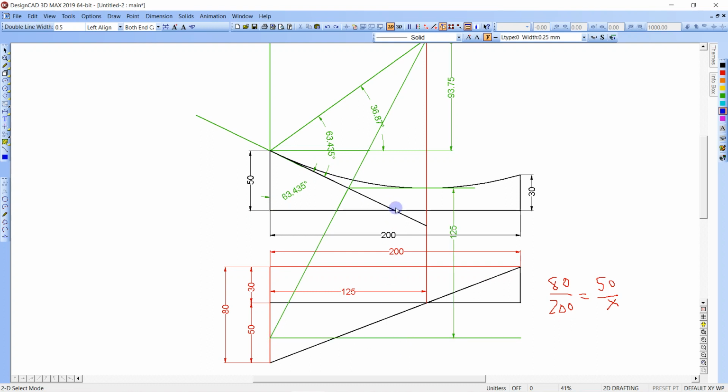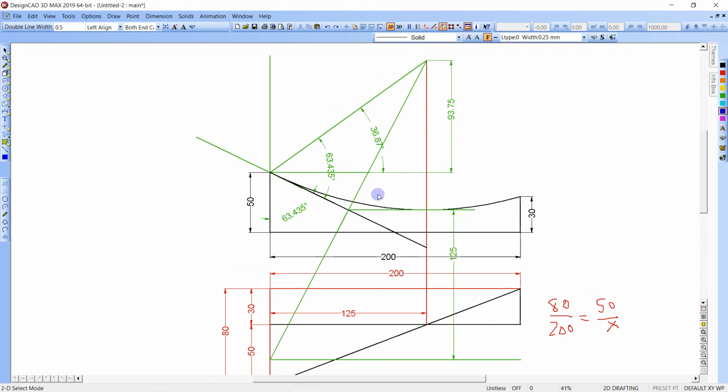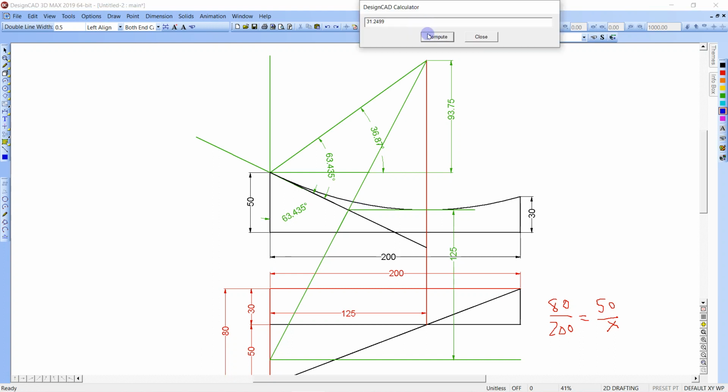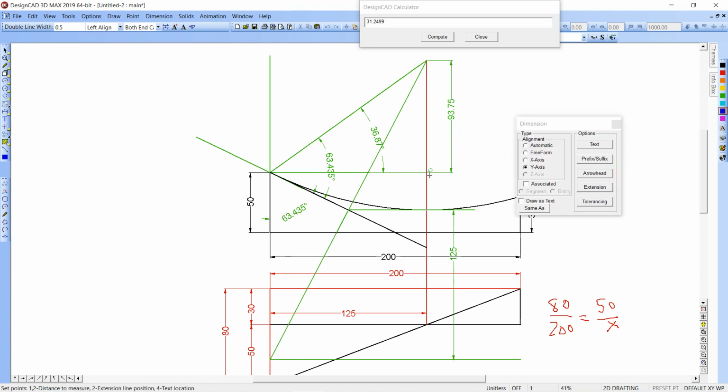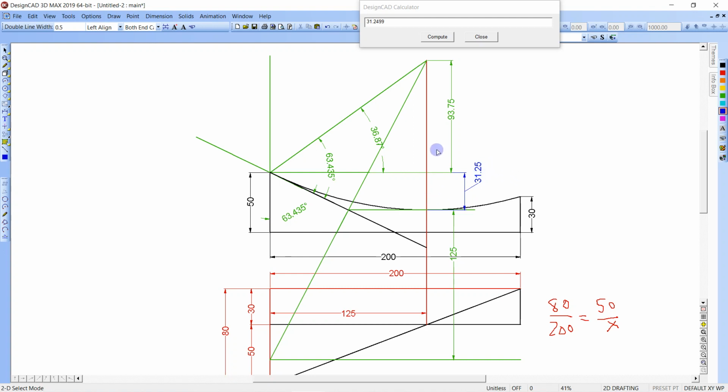And then also we know, given this triangle here, this distance right here is going to be 31.25, right? So now you could add that 93.75 and the 31.25, and you would have the relative position of the y from this point, and then you'd have the x from that point also. So where they intersect, that's your origin of the parabola.